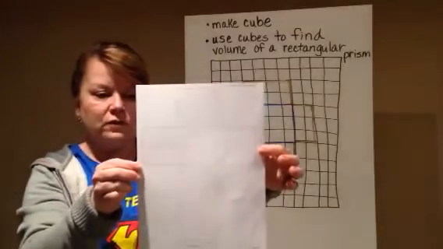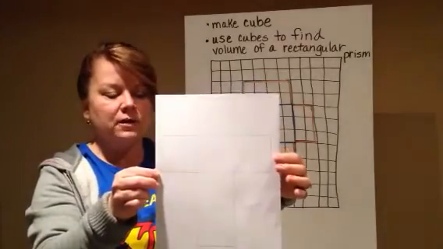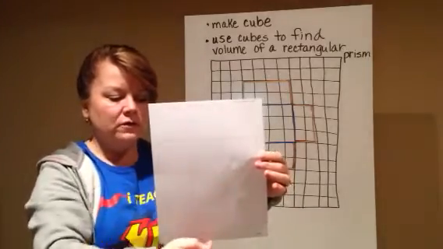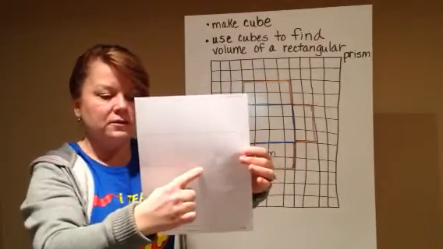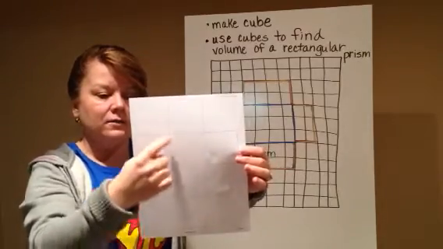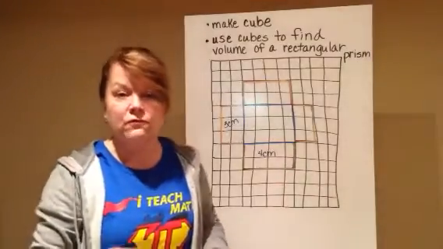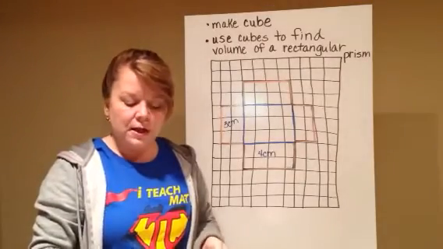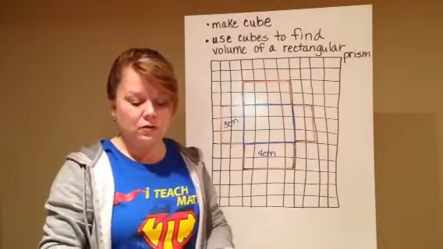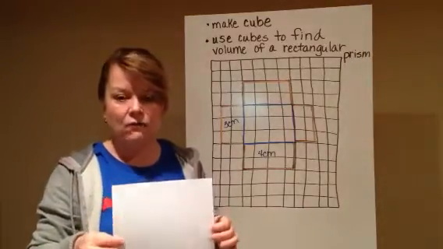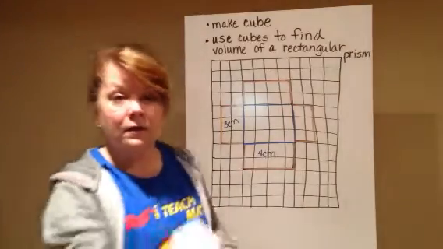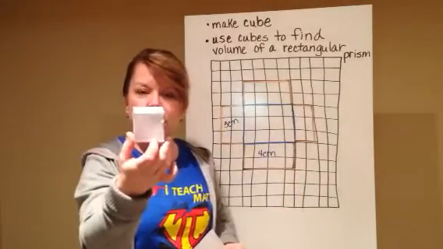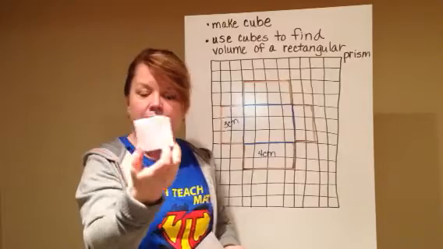Basically, with a net you cut out around the dark areas, and you'll notice it has some dotted lines. What you normally do is fold on those dotted lines and it's going to construct a three-dimensional shape. For example, this is a net for a cube. Once I cut that out, folded it, and glued it together, it made a cube.